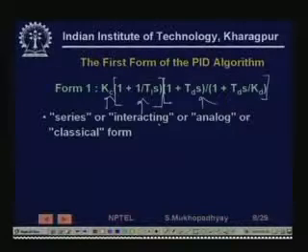Why is it interacting? It is interacting because, for example, with respect to the second form, which is probably the most popular, if you change any one of the, let us say if you change Kc, then integral time and basically the integral and the derivative gains will change.